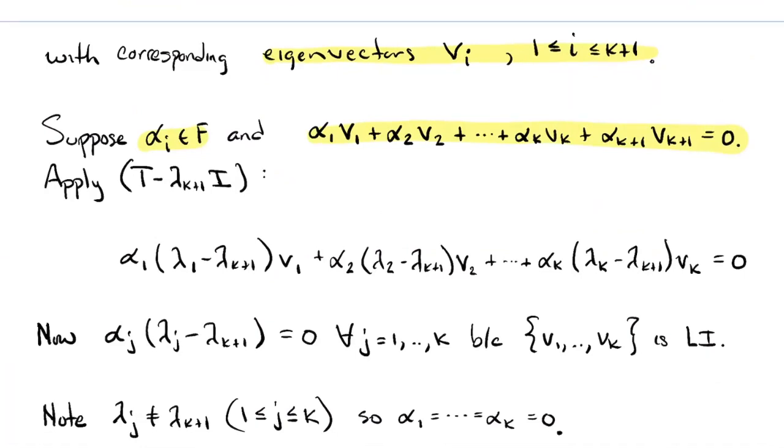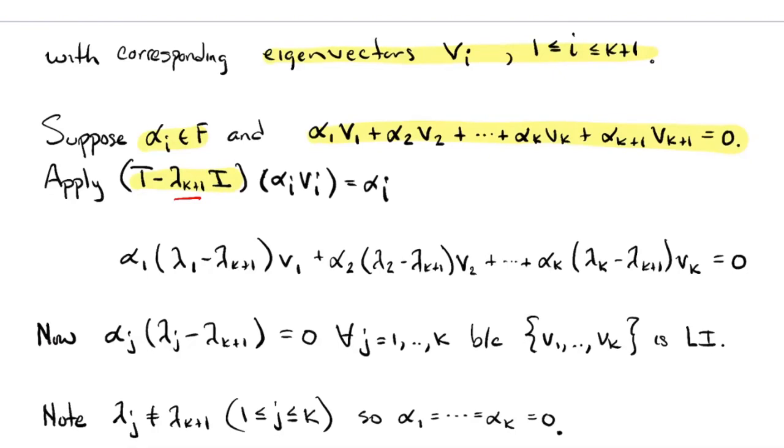So what I'm going to do is apply the operator T minus lambda k plus 1, the k plus first eigenvalue, times the identity operator, to that sum. So if I apply that to, say, alpha i vi, I push it through linearly, so I would get alpha i times T of vi.